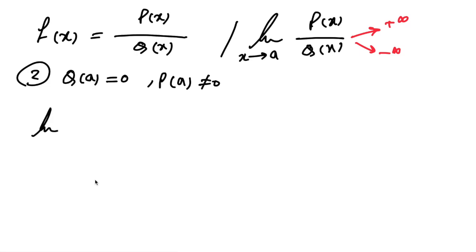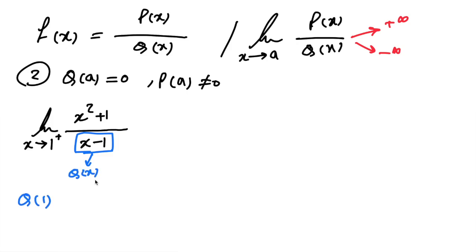Limit of, for example, x squared plus 1 by x minus 1 when x approaches 1, from right. Okay, so what about this? So q(x) is x minus 1, so q(a), with a equal to 1, if you plug in, it is 0.